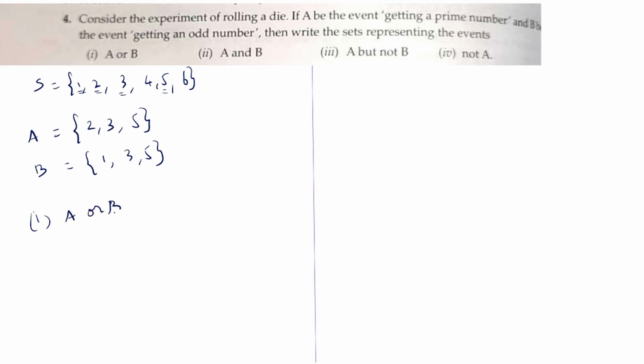Now we will do each of these. A or B is A union B. You know how to find the union of two sets, so A or B is 1, 2, 3 and 5.